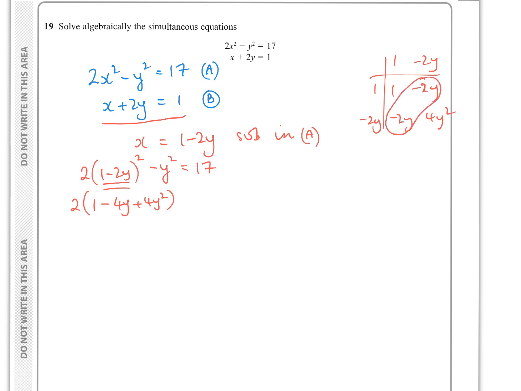They forget that you get the middle ones, which is minus 4y. Minus y squared equals 17. So that's 2 minus 8y plus 8y squared minus y squared is 17. So we've got 7y squared here, minus 8y and the 2.